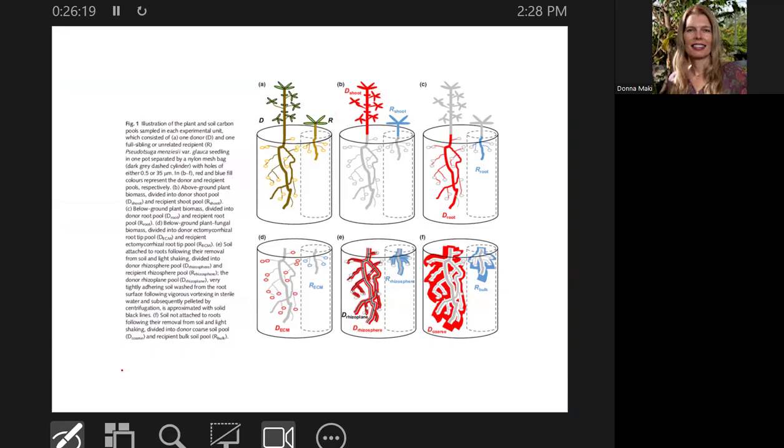Those are the mesh bags, separating the two seedlings. In figure A here, they were testing the above ground. A is above ground.